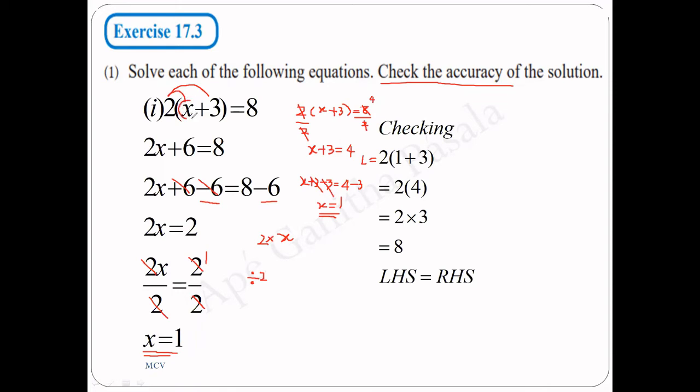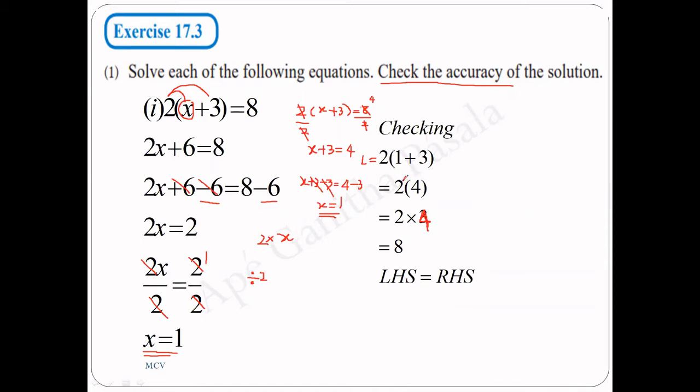So remove this x and put this 1 in that place. 2 brackets 1 plus 3. 1 plus 3 is 4. So 2 brackets 4.